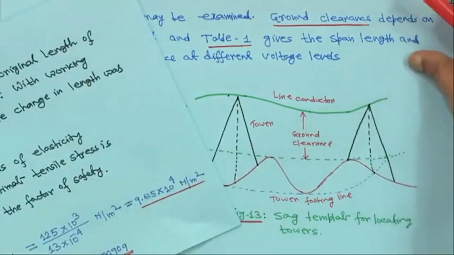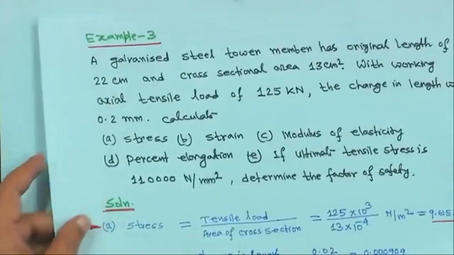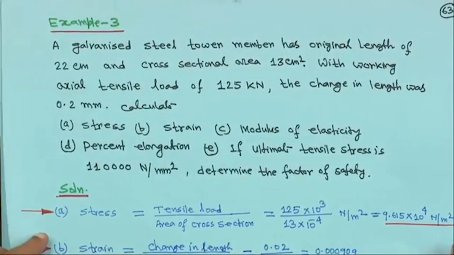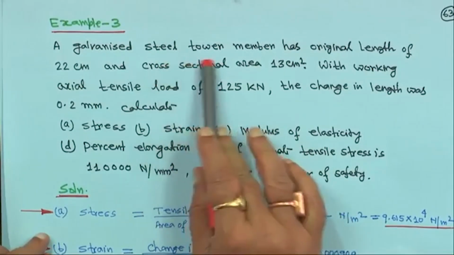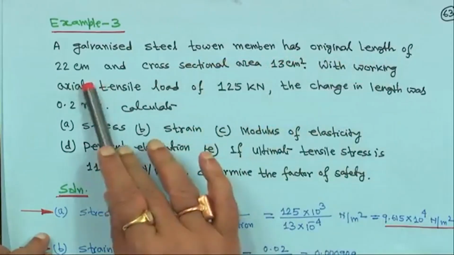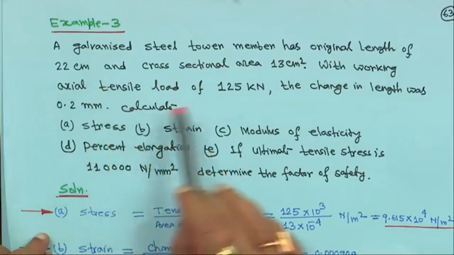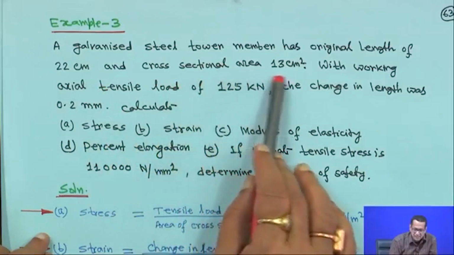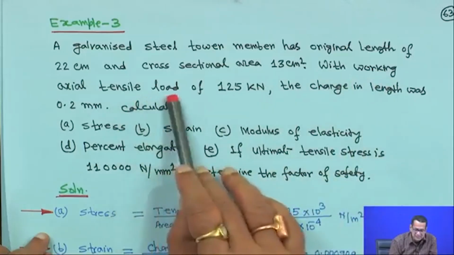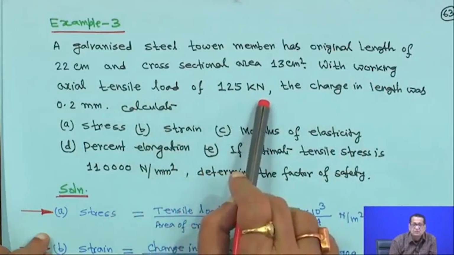We will take another example, that is example 3 say. Regarding conductor vibration, a little bit will come at the end. Suppose a galvanized steel tower member has an original length of 22 centimeter, right, and cross sectional area 13 centimeter square, with working axial tensile load of 125 kilo Newton.